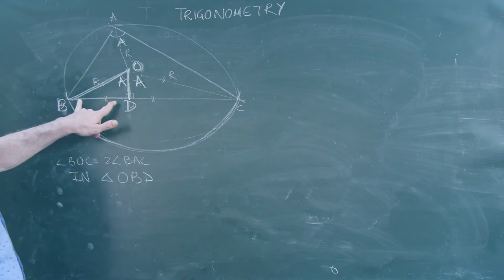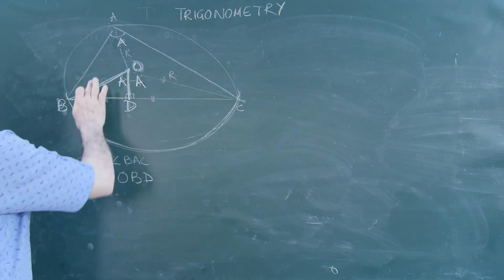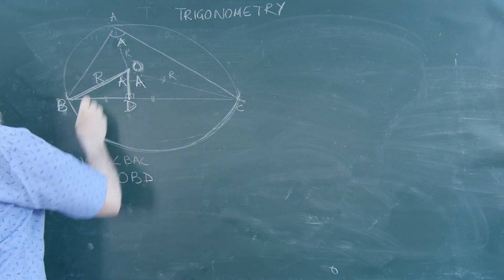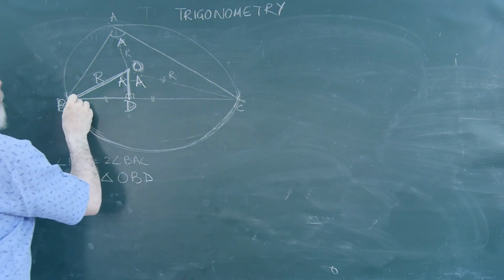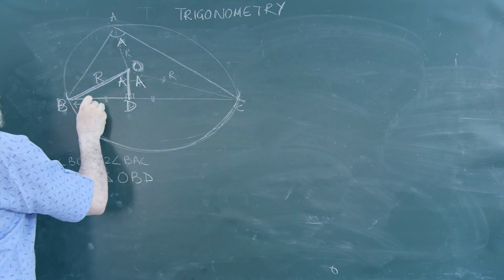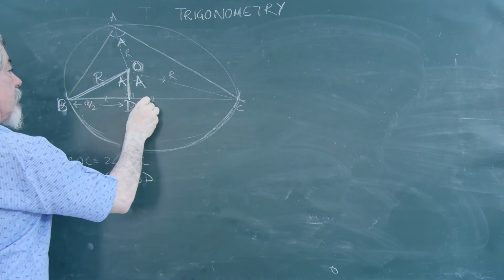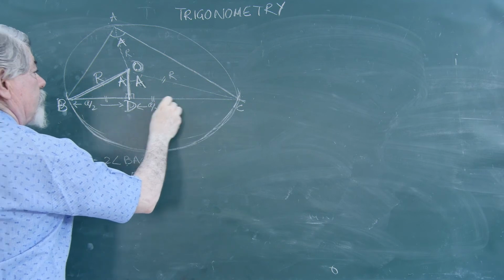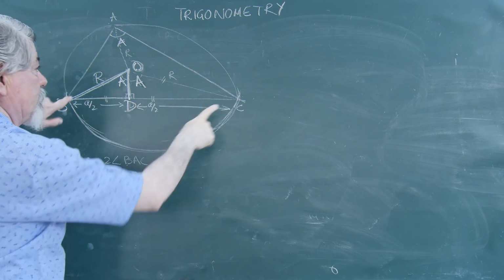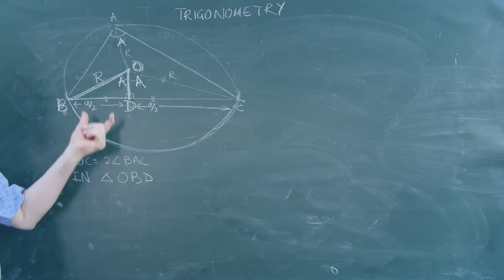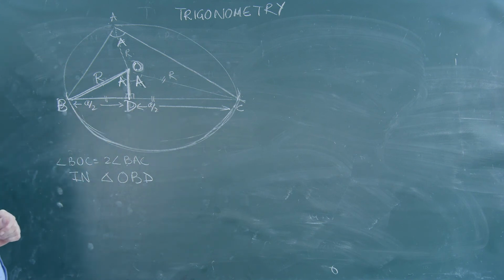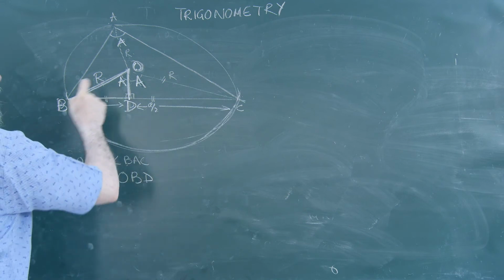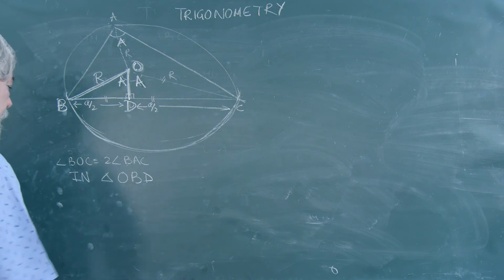In triangle OBD, this angle is A, this is R, and this side BD will be half of BC. This will be a upon 2, and this will also be a upon 2, because this complete side is a. So BD is equal to DC, which is a upon 2. Now let us find out the sine of angle A.